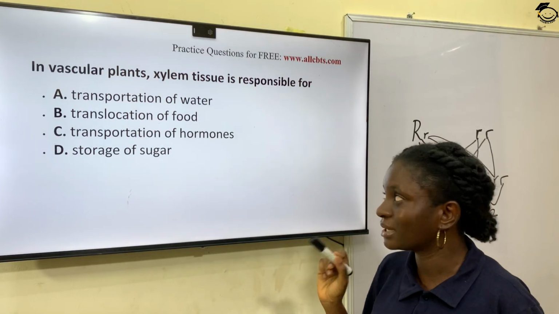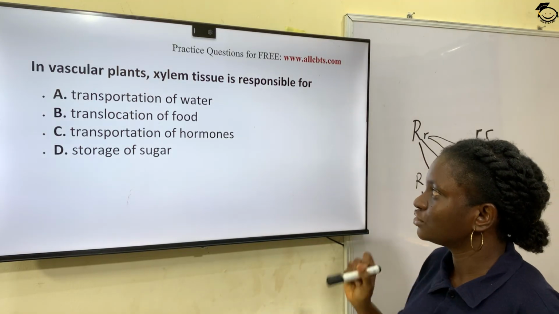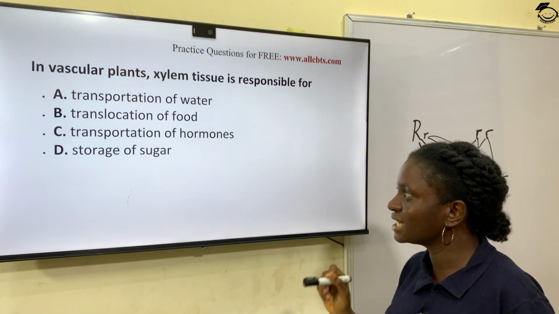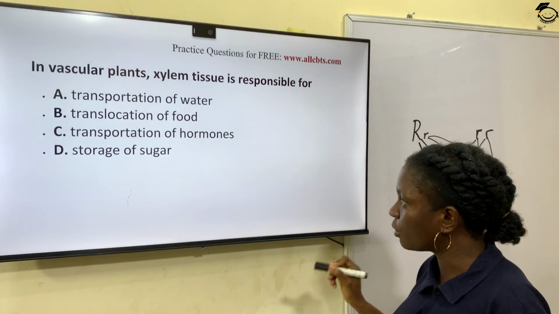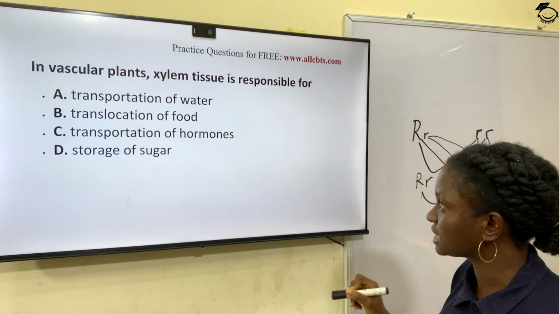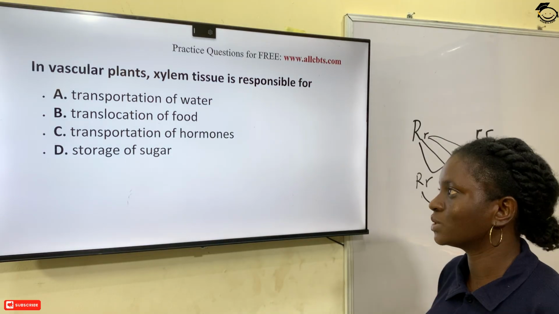So in vascular plants, xylem tissue is responsible for: A. Transportation of water, B. Translocation of food, C. Transportation of hormones, D. Storage of water. So the correct answer is transportation of water.